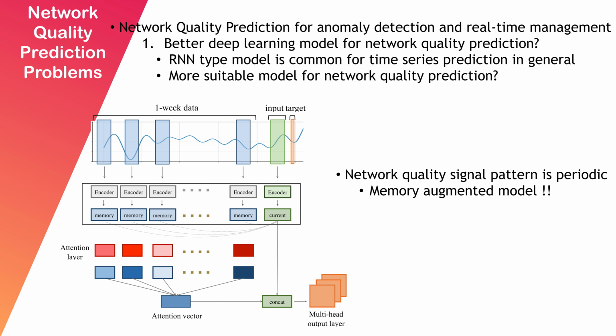First, as a deep neural net model, we designed a new deep neural net based on a recurrent neural net and combined it with memory augment components in order to reflect the periodic feature of network signal patterns, where the pattern is repeated in a day or a week.